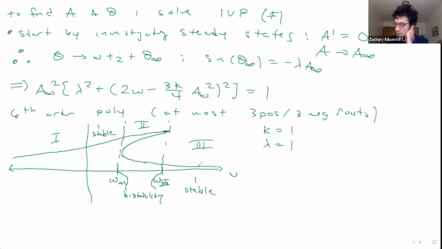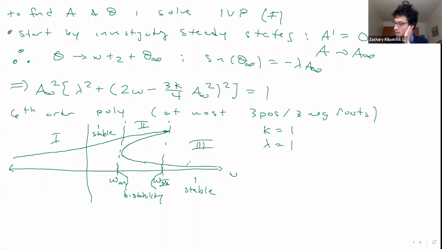So the cool thing about this is that if you're forcing this oscillator, you could imagine that I turn up the frequency of the forcing. If I turn up this frequency high enough, I'm going to leave the realm of the resonant frequency, and my amplitude is going to drop precipitously to this stable fixed point.